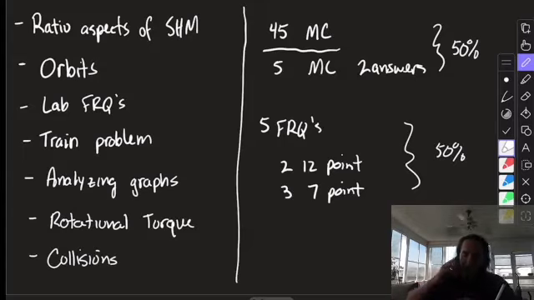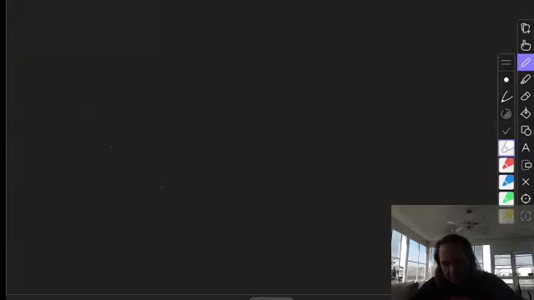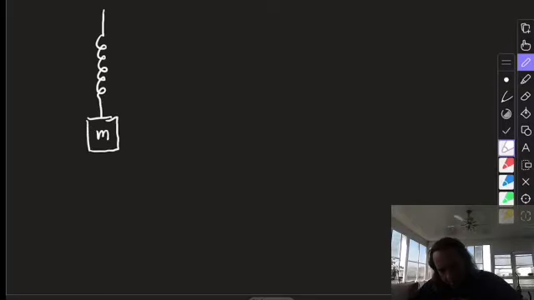So whoever asked about ratio aspects of simple harmonic motion, I'm not exactly sure what you mean, but I think what you're getting at is something like this. I have a block on a spring, and it has a period of T, so they say T1.